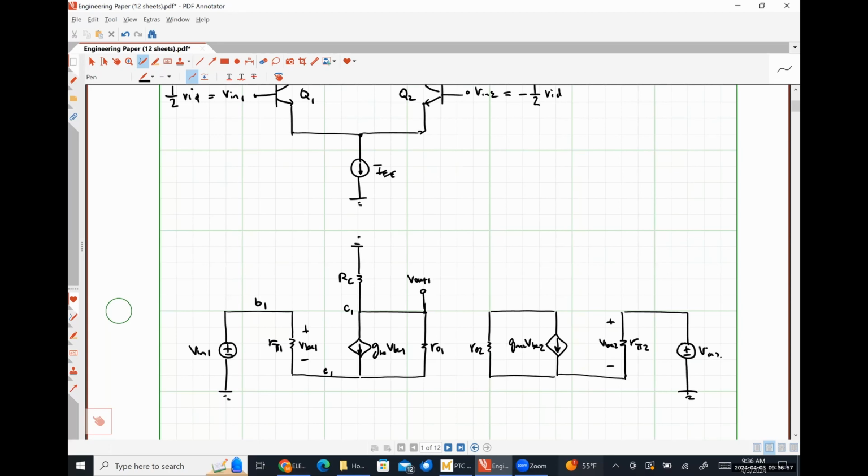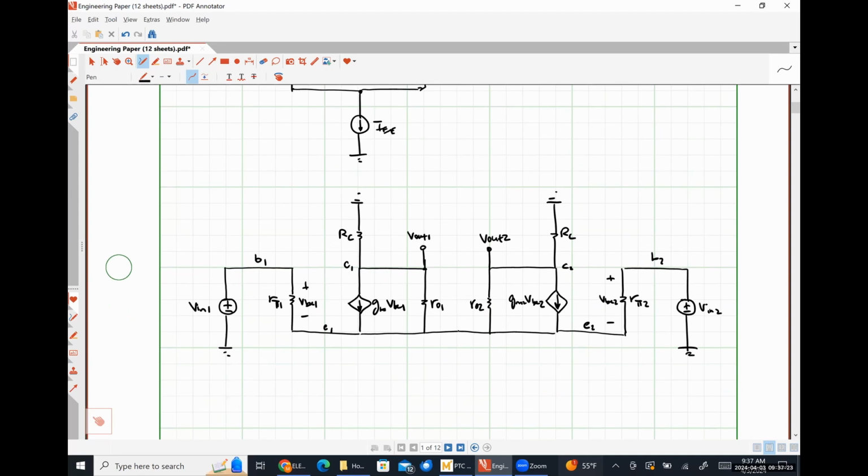Here's my input signal VN2. So this is the base of 2, the emitter of 2, the collector of 2. So here's RC. Here's V out 2. And we know that our emitter nodes for both of our transistors are tied together. So I'm just going to connect those by a line.